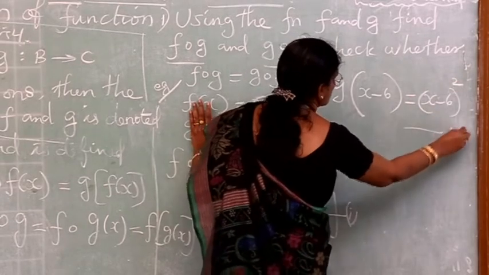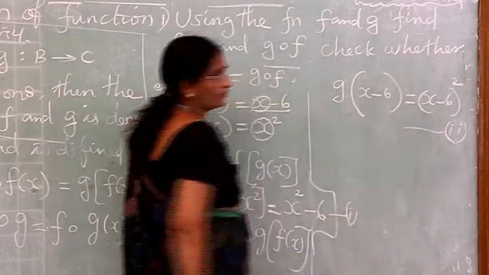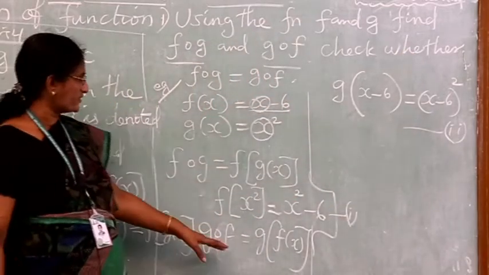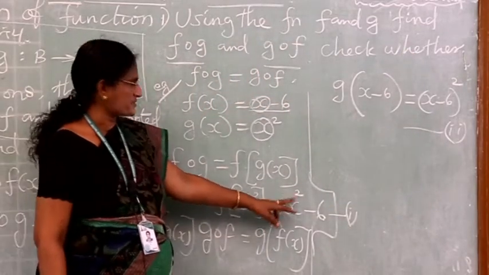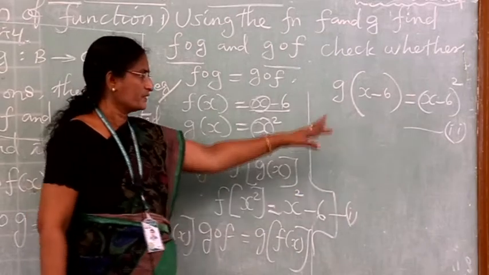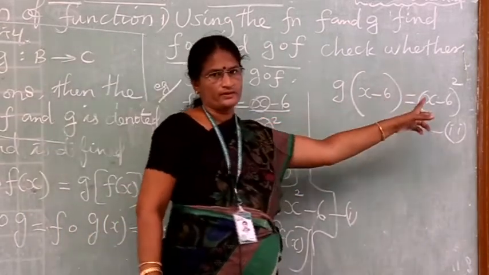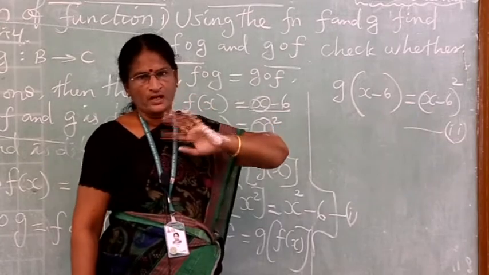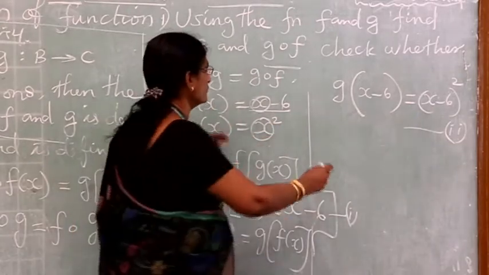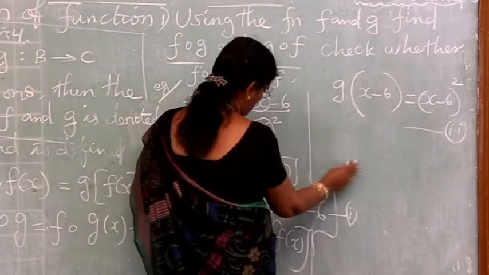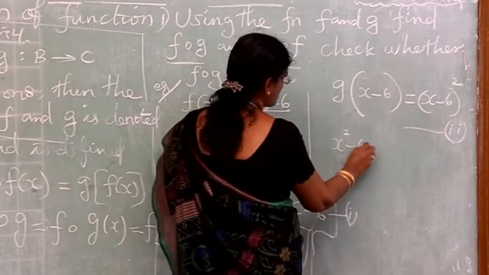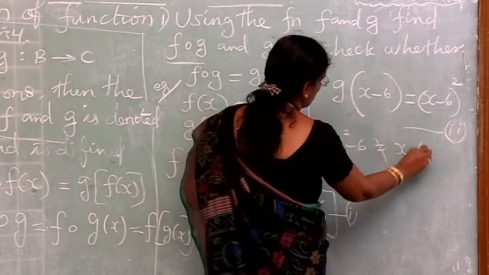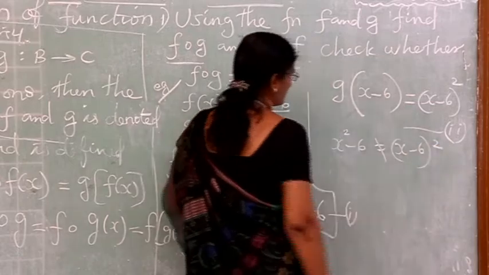So this is 2. See, when we see this, we know clearly that x square minus 6 and x minus 6 the whole square are not equal. Therefore, x square minus 6 is not equal to x minus 6 the whole square.